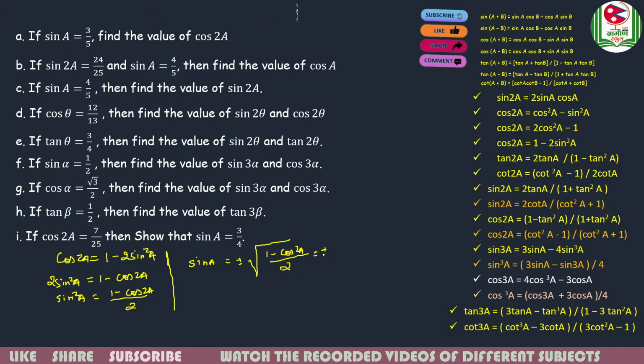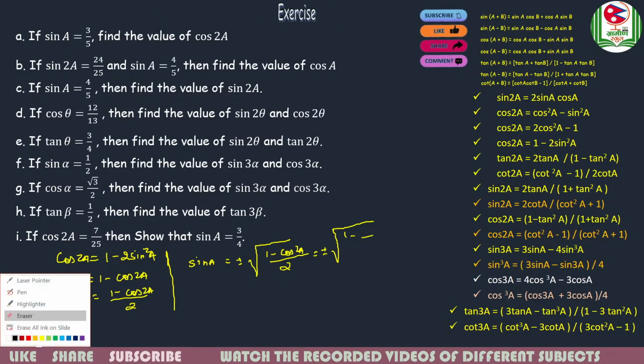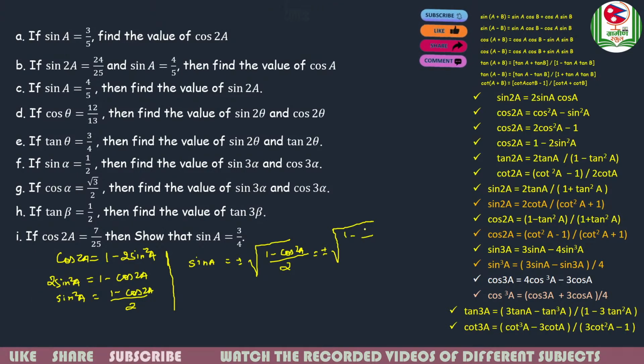So it is going to be plus minus root under 1 minus, it is cos 2A, so we write only 7 by 25, and the whole divided by 2.